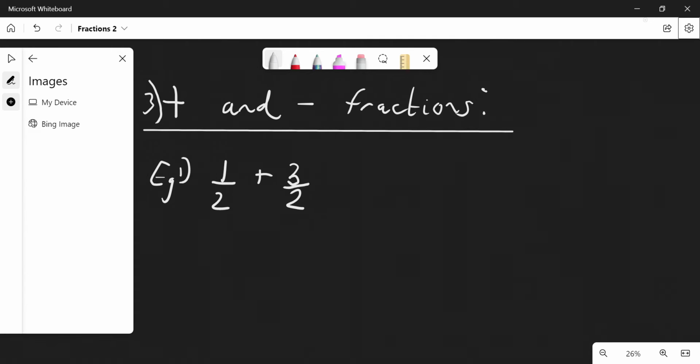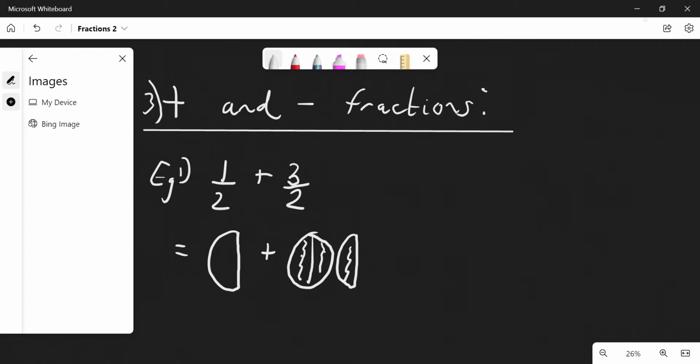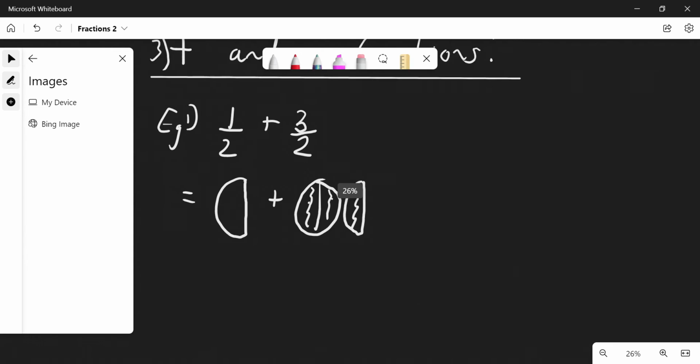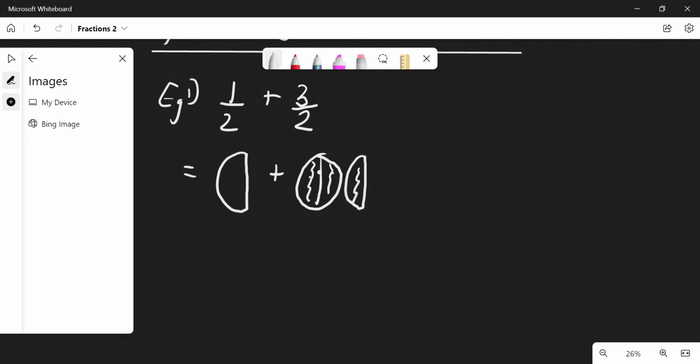What is essentially happening here is I'm adding half a pizza plus a full pizza and another half there, right? Because 3 halves means I have 1, 2, 3 halves. That's what's happening here.